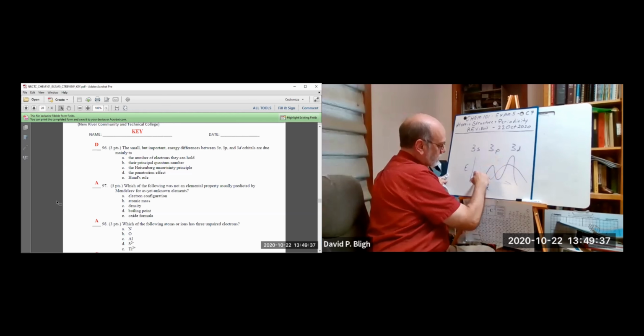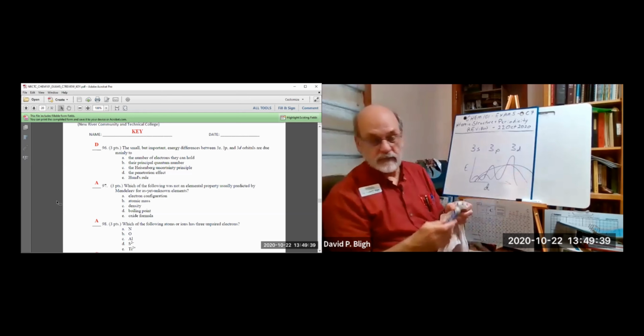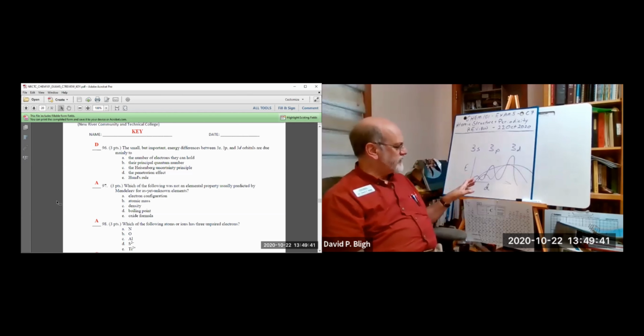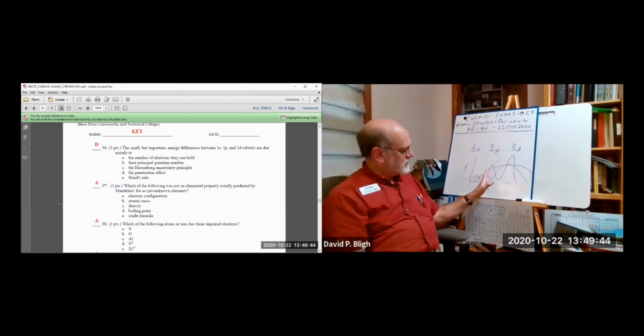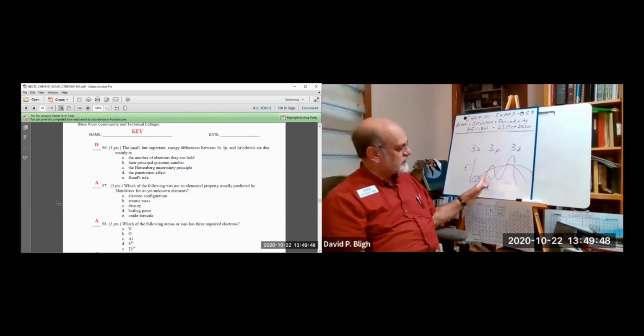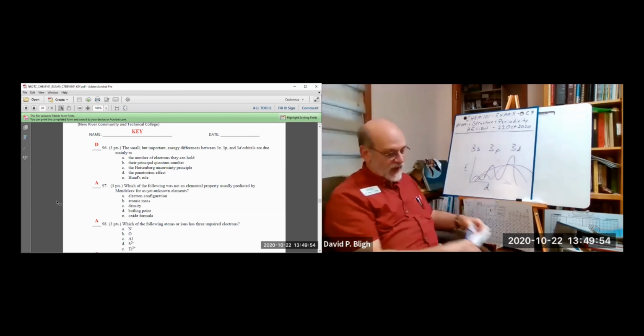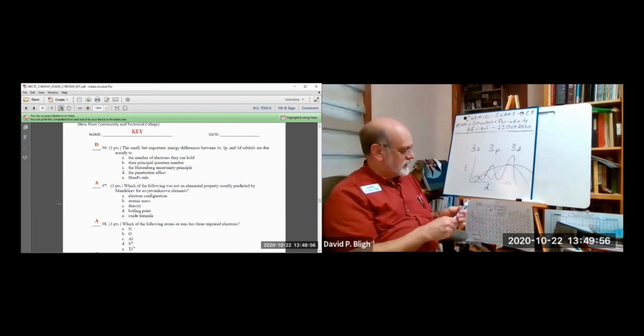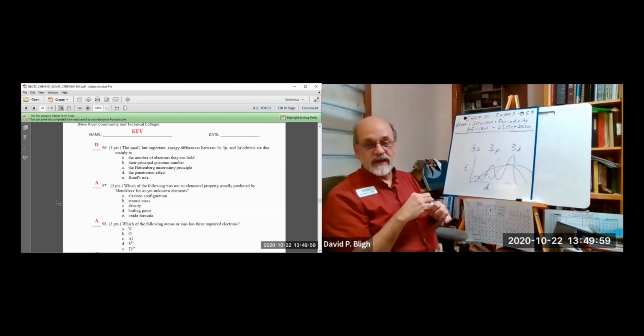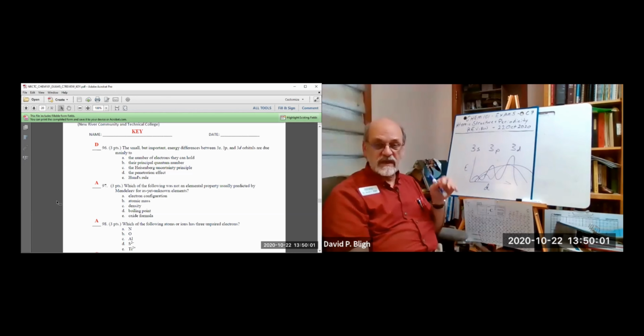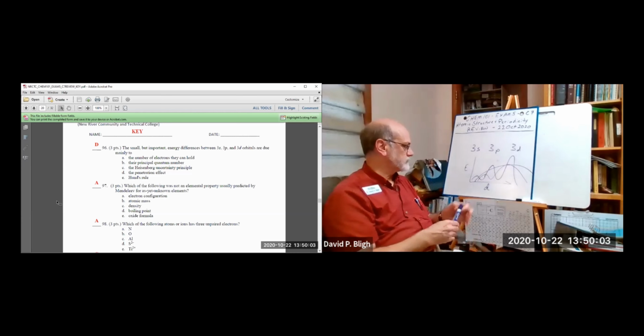And D is just like that. Okay, so the penetration effect puts P density closer to the nucleus, and S even closer than that. So the penetration effect explains why these subshells have slightly different energy levels, and S is lower energy than P, and P is lower than D.